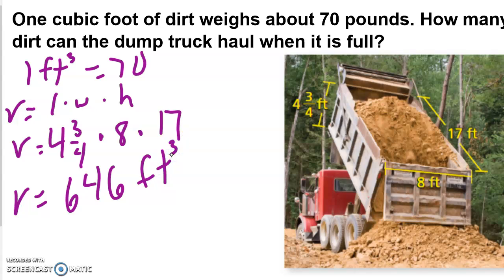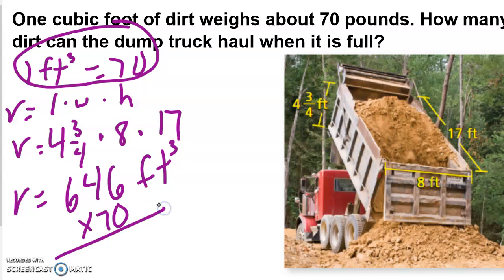Okay. Great job on the volume. We're not quite finished because 1 cubic foot of dirt weighed 70 pounds. We want to figure out how much 646 cubic feet are going to weigh. That's right. I'm going to take this answer and I'm going to multiply it by 70. So I'm going to give you just a little time to come up with an answer.